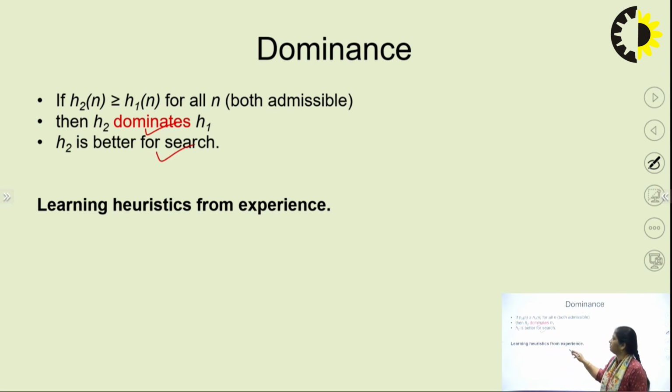How do we find out which one is better? That is learned by experience. Directly we cannot say that this one is better than that one. If we are having a class of problems, there we can think of different heuristics, but we need to consider the heuristic that is having greater value than the other one.